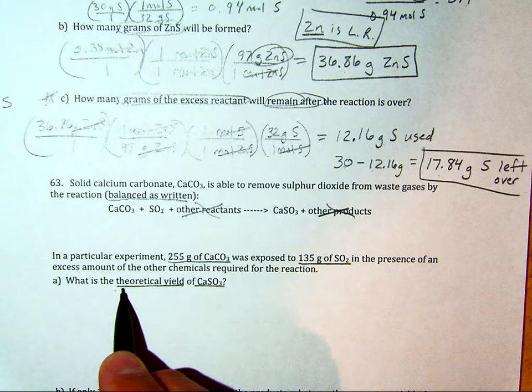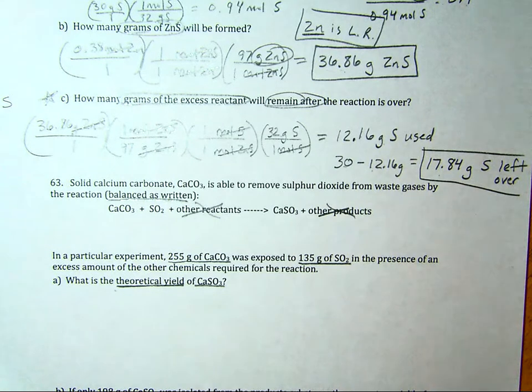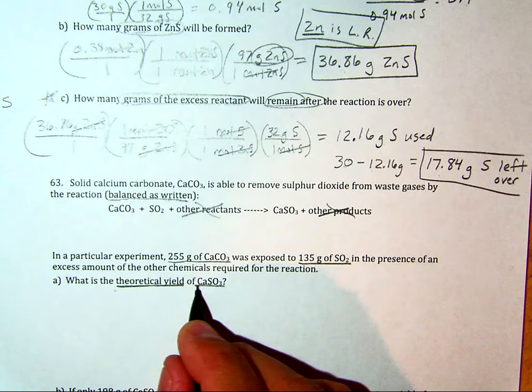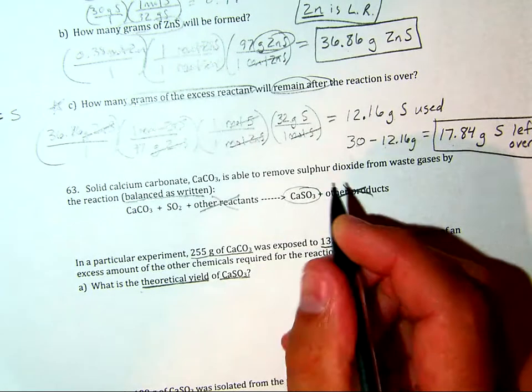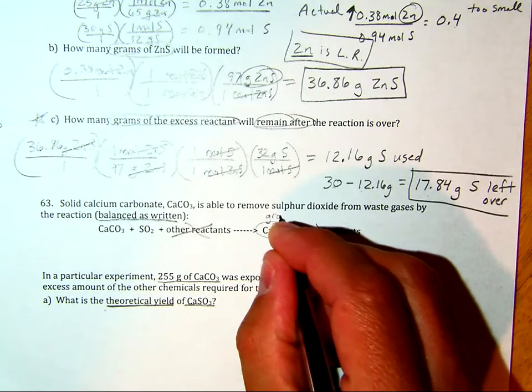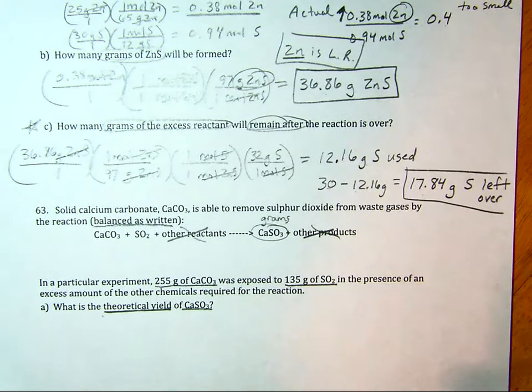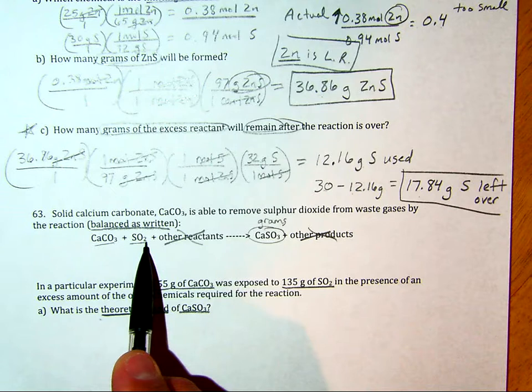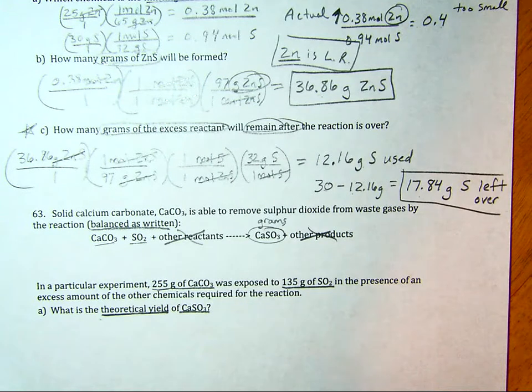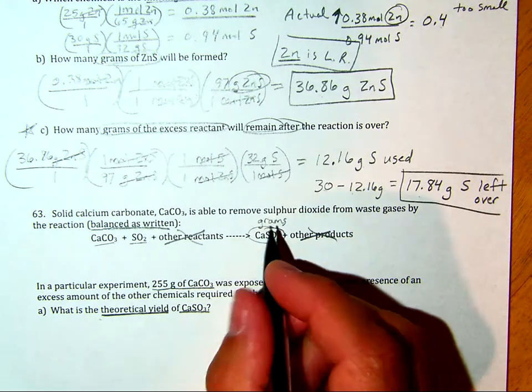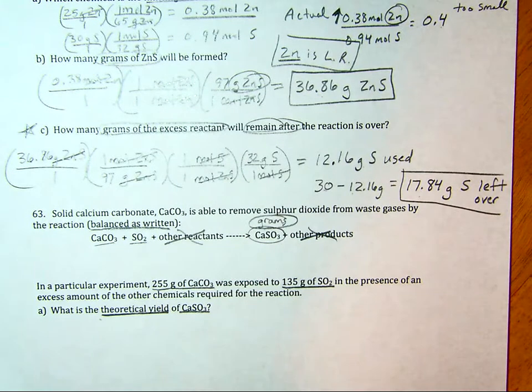So theoretical yield means how much should we actually form of this product, calcium sulfite, which is right here. So we want to go to grams of this product. But before we do that, we have a problem because we don't know which one of these reactants is going to run out first. So we need to first determine the limiting reactant and then use the stoichiometry from the limiting reactant to figure out how many grams of this product we will form.